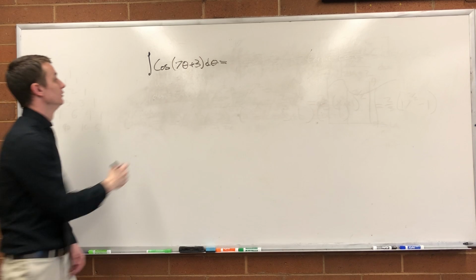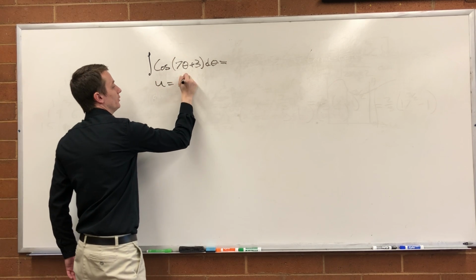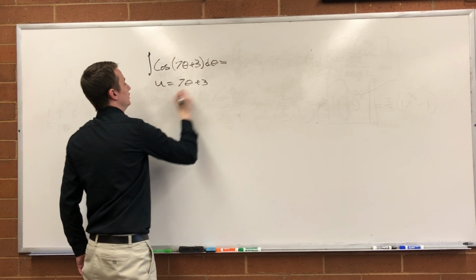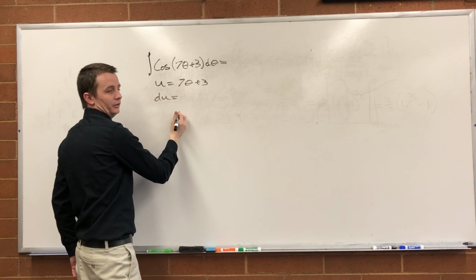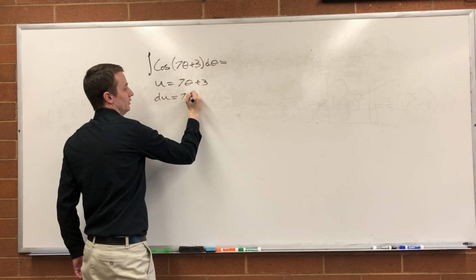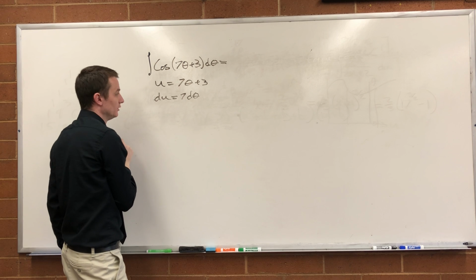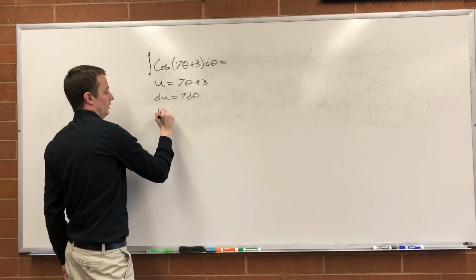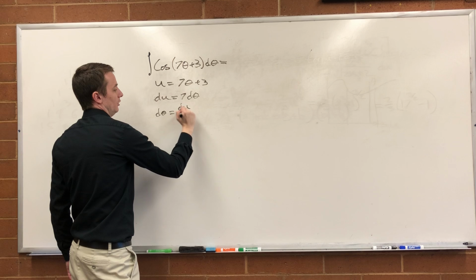Let's go with u for 7 theta plus 3. U equals 7 theta plus 3, du is equal to 7 d theta. Substitute our d theta: d theta is equal to du over 7.